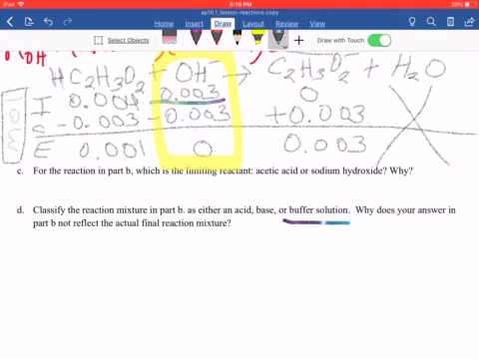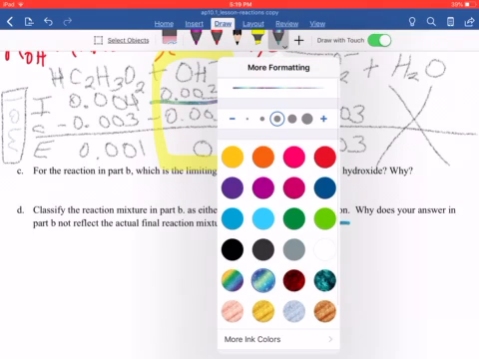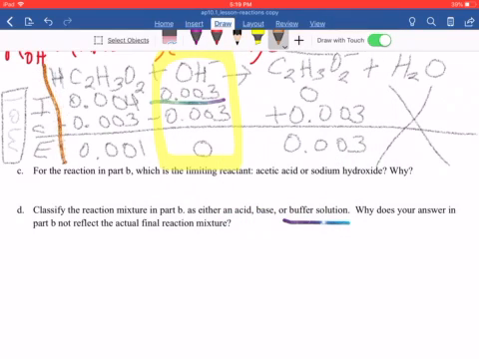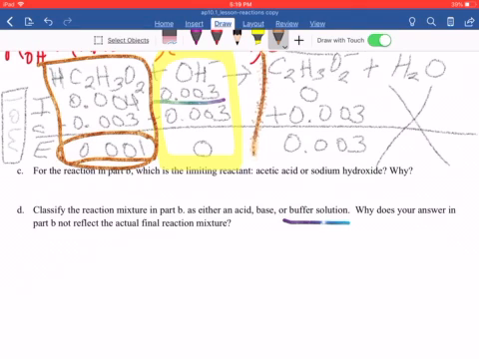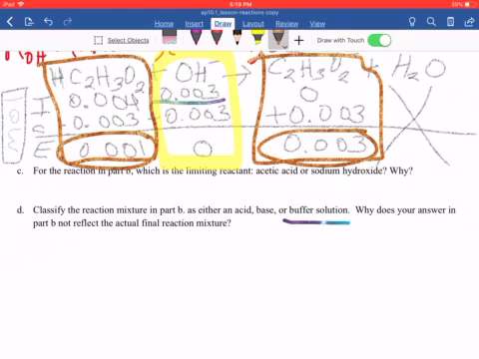And the reason it is considered a buffer solution is because if you notice right here, I'm going to play around with these metallic colors. We have only acetic acid at the end, and we have acetate at the end. Nothing else is present at the end. So whenever you have acetic acid and acetate present at the end, then that's going to be a buffer solution.